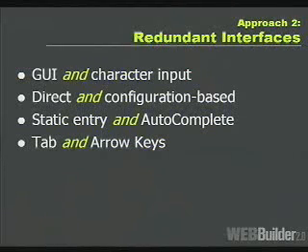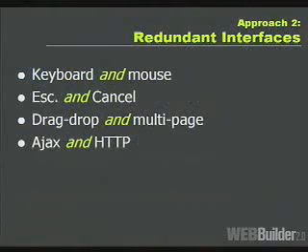They can do static text entry of, for example, an email address, or they can take advantage of autocomplete. You can use the tab key to get around, or you can use the arrow keys. Keyboard and the mouse, escape and cancel, drag and drop and multi-page. And the last one's important too: Ajax communication, but also having that fallback so that it can do a complete server round trip, in an old school way, as necessary.